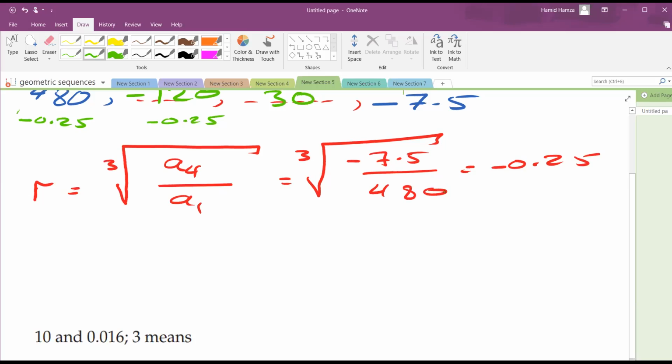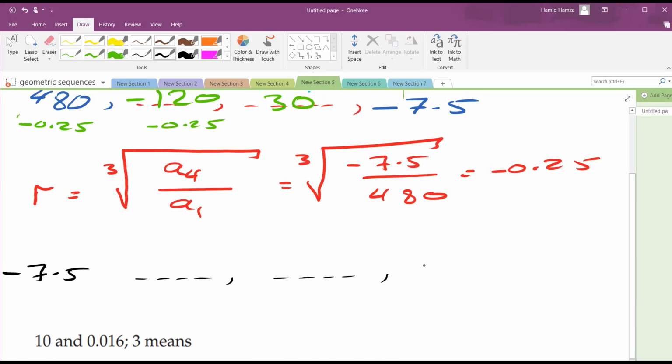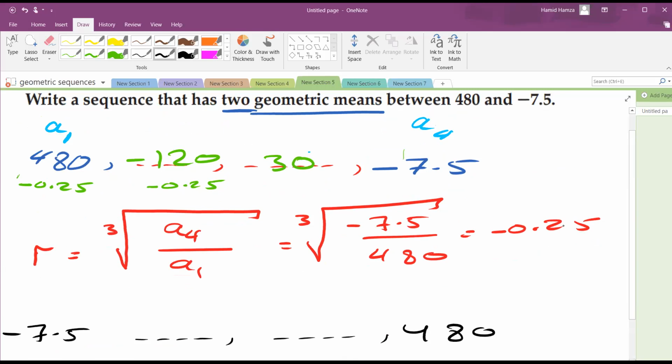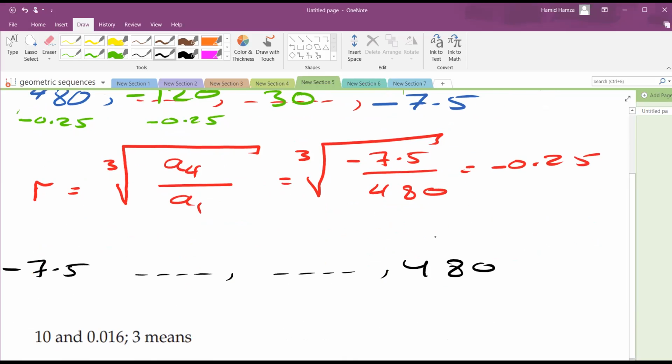The question now: what if one of you reverses it, like this, negative 7.5 here and 480 here? Does that make a difference?